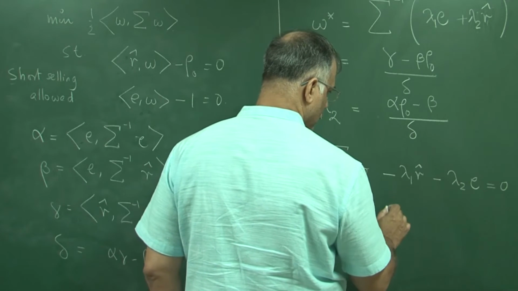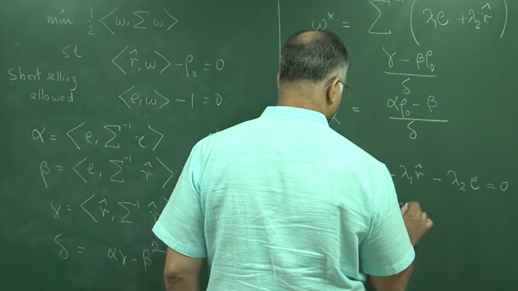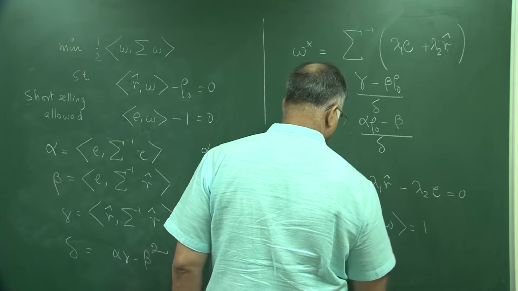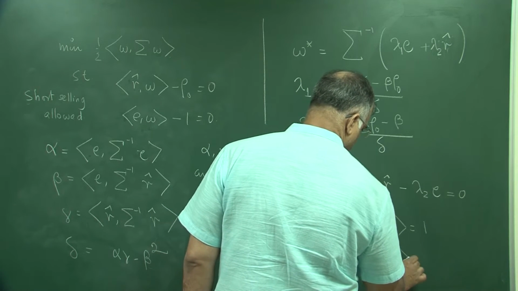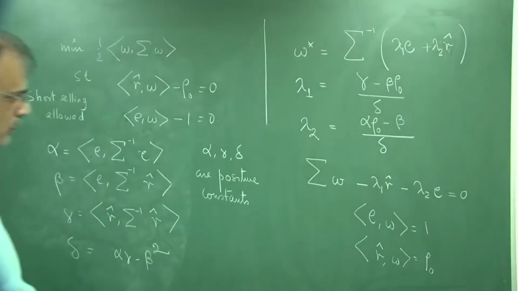Of course, the next equation is e of omega is 1 and r hat omega is rho naught. Now I can put all this in matrix form.